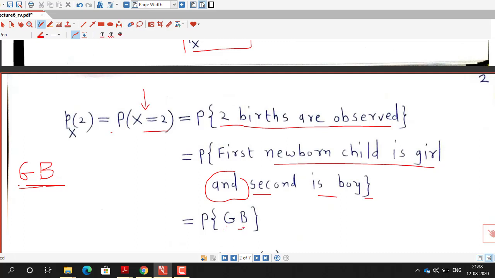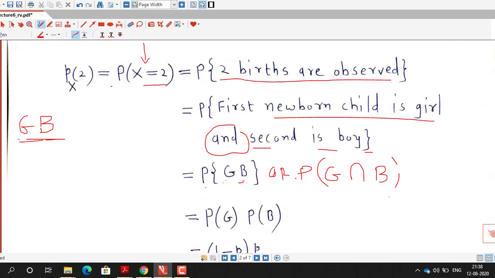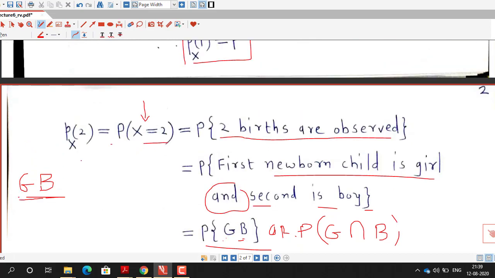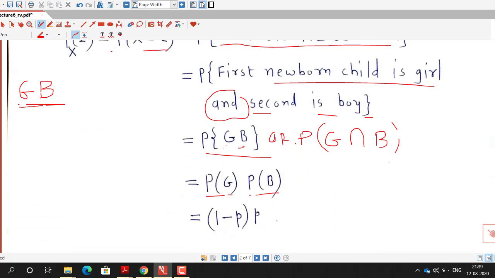This is the probability of G intersection B, or we can write probability of G into B. And because these two events are independent, probability of G into B is nothing but probability of G into probability of B, and the probability of a girl is 1 minus P, and the probability of a boy is P. So the value of the probability mass function at x equal to 2 is 1 minus P into P.